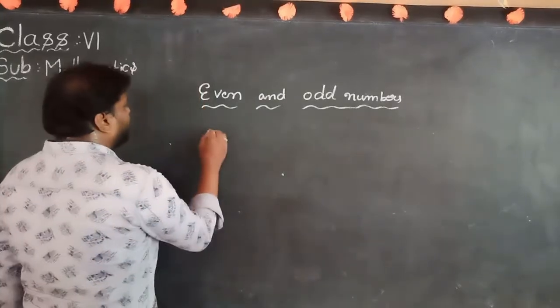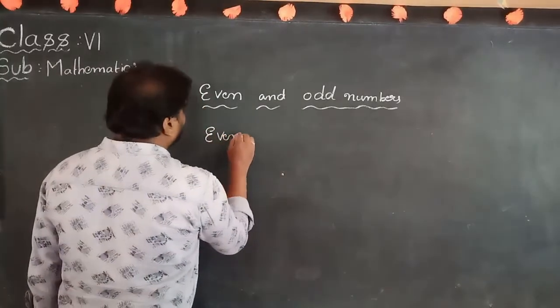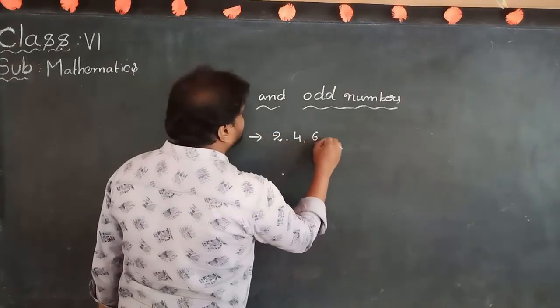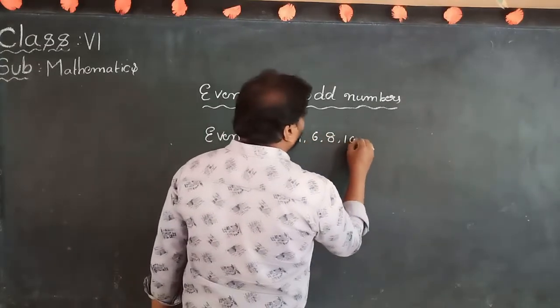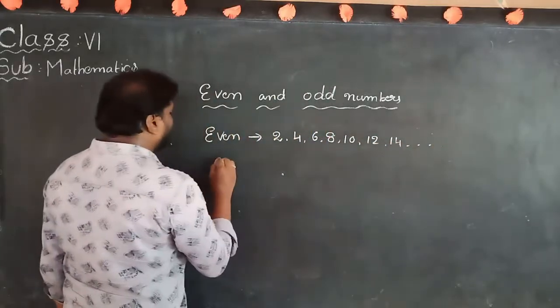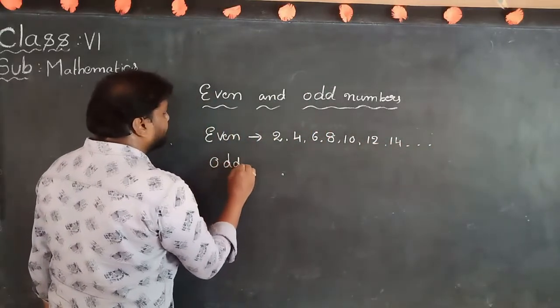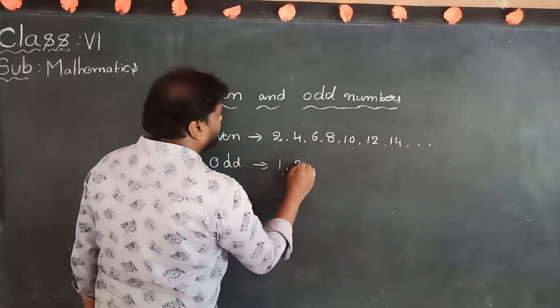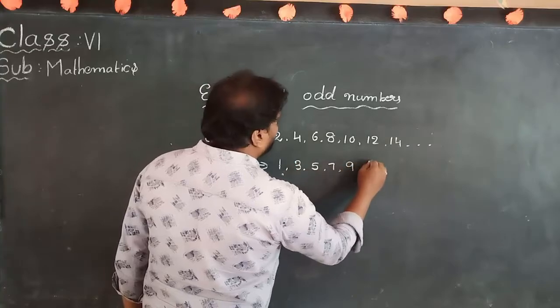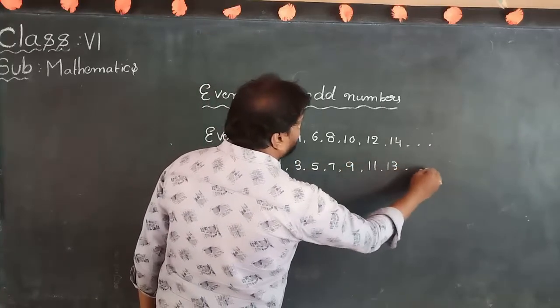For example, even numbers starting from 2, 4, 6, 8, 10, 12, 14 and so on. Odd numbers will start 1, 3, 5, 7, 9, 11, 13 and so on.